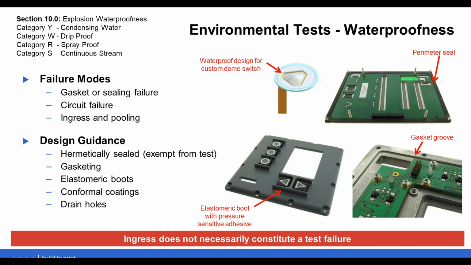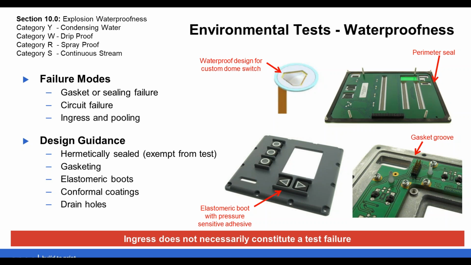In terms of design guidance, first thing to understand is if your unit is hermetically sealed and you've already done a helium leak test, you're exempt from this test. If you have not proven that you're hermetically sealed, there's lots of things we can do to go and improve the waterproofness of the product.